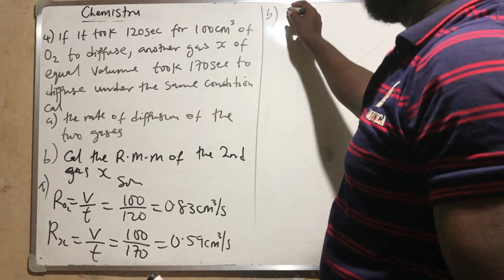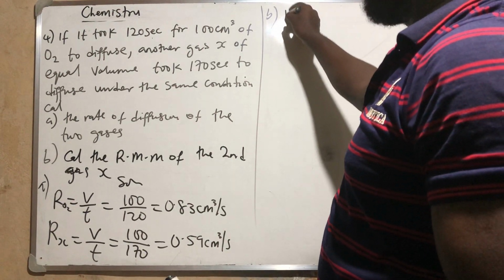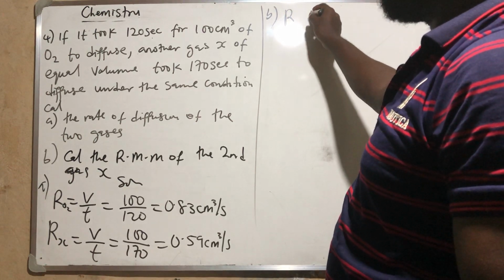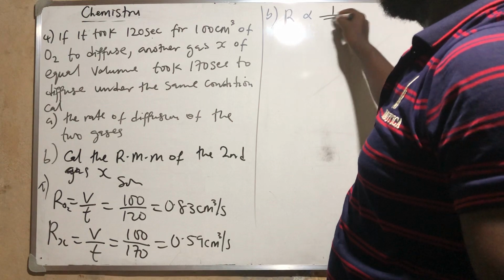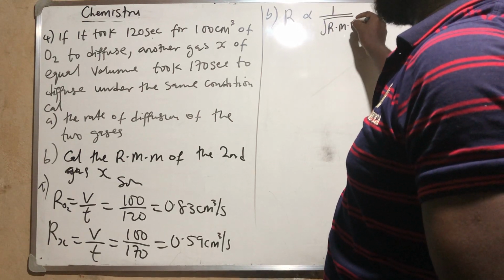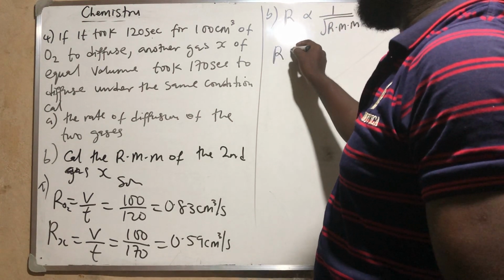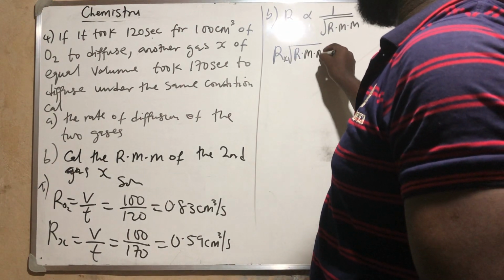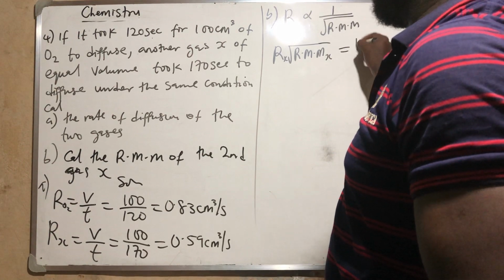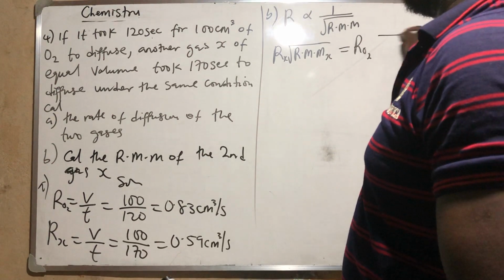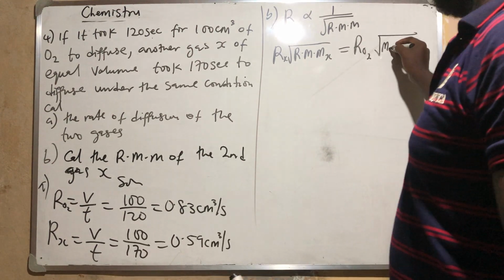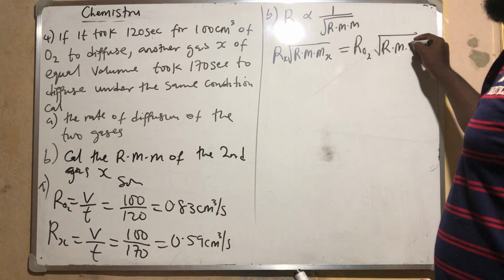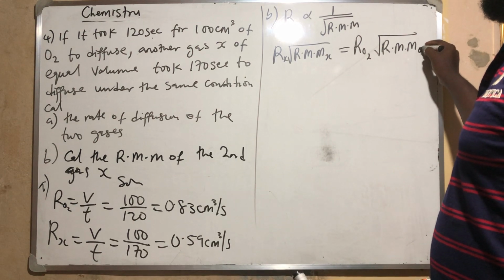So I know that the rate of diffusion is inversely proportional to the square root of the relative molecular mass. So we have that R of X times the square root of the relative molecular mass of X is equal to R of O2 times the square root of the relative molecular mass of O2.